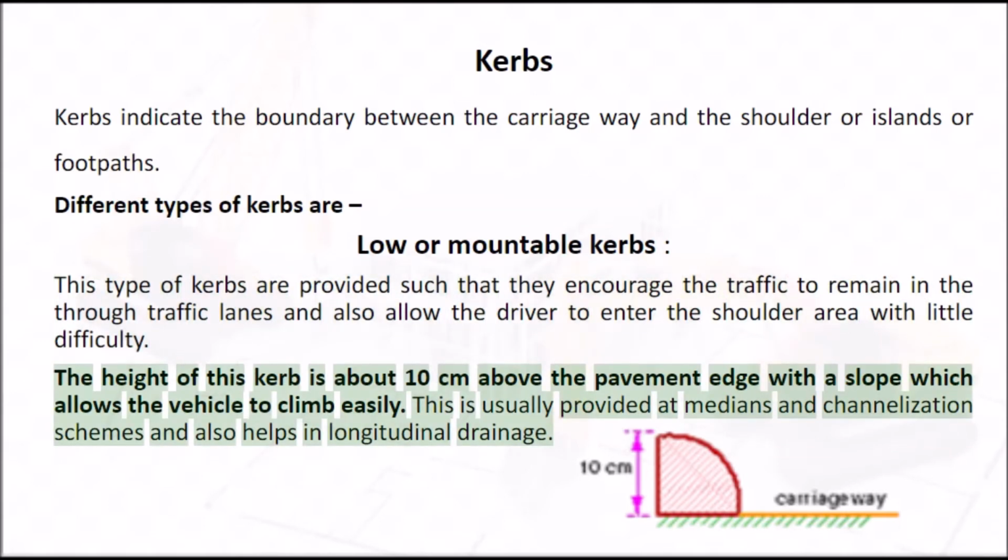The height of this curb is about 10 cm above the pavement edge with a slope which allows the vehicle to climb easily. This is usually provided at medians and channelization schemes and also helps in longitudinal drainage.